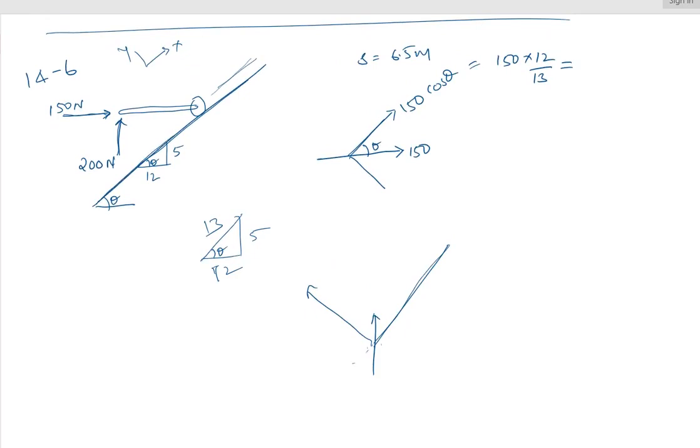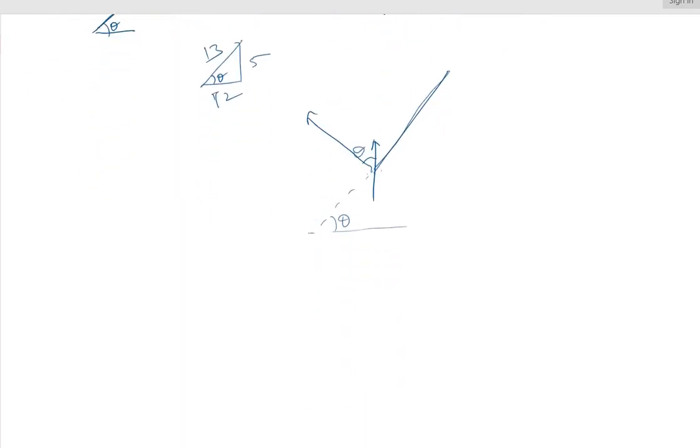And then that is my angle theta, so that also will be theta. Now this is 200. So if that is theta, this will be 200 sine theta, and sine theta is 5 over 13.